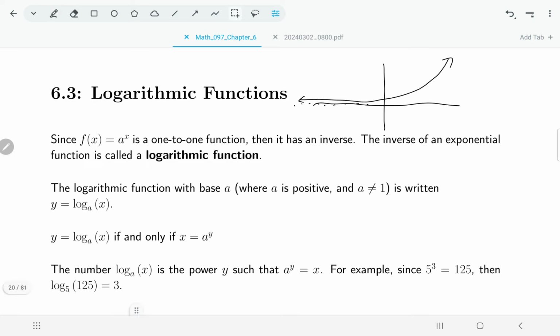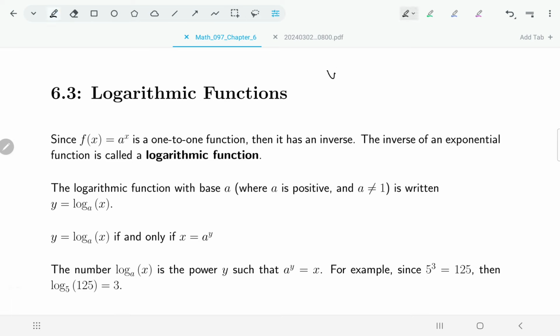It passes the horizontal line test, which means the exponential function should have an inverse. For every exponential function with whatever base we have, we're going to have an inverse with the same base. So if we're talking about an exponential function with base a, then the inverse would be a logarithm with base a. That means we don't just have one logarithm, we have every kind of logarithm for every kind of base we might have.